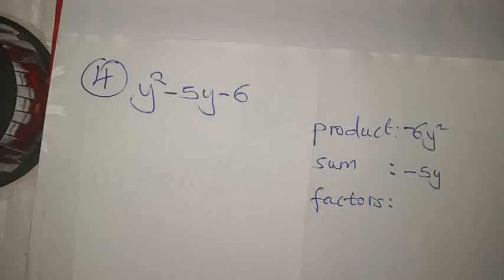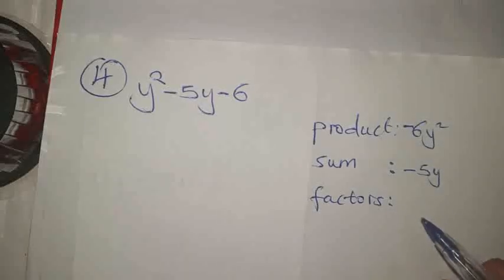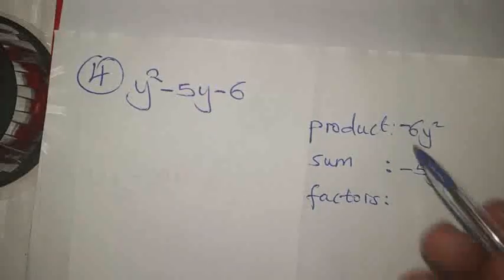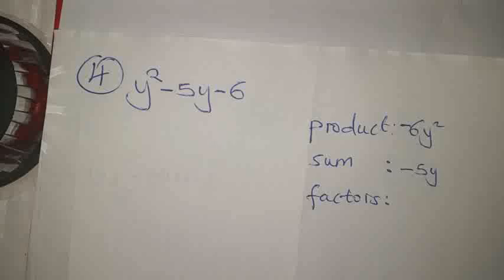Someone will say, no, it's supposed to be 3 and 2, because 3 and 2 give us 5. But are we saying it's 3 and 2? Now, if we say negative 3 and negative 2, when you multiply them, they'll give us positive 6, which is not what we want.